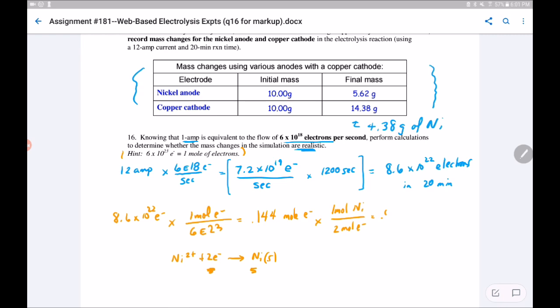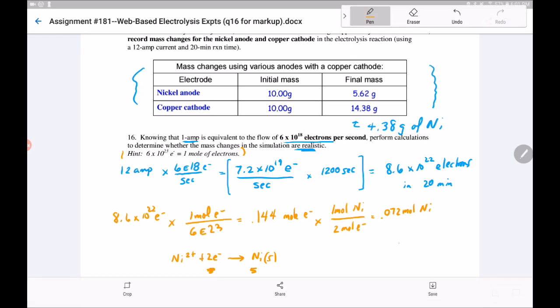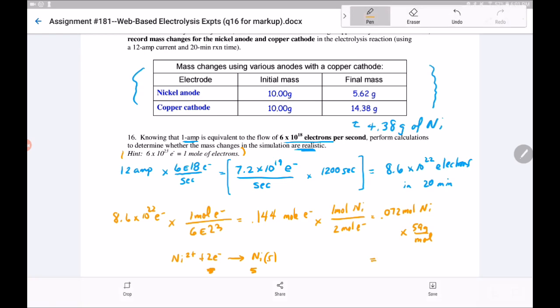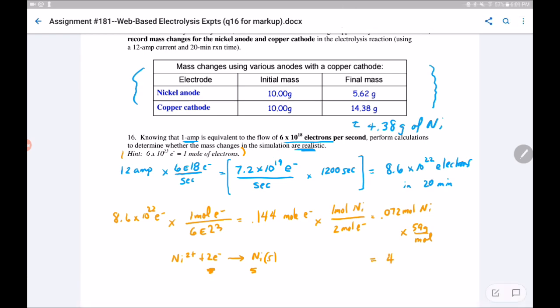All right, so this gets me 0.072 moles of nickel, and times the molar mass of 59 grams per mole. My calculator says, final answer, 4.25 grams of nickel should be deposited.